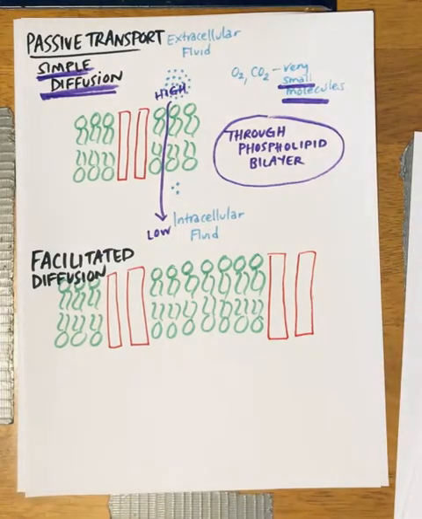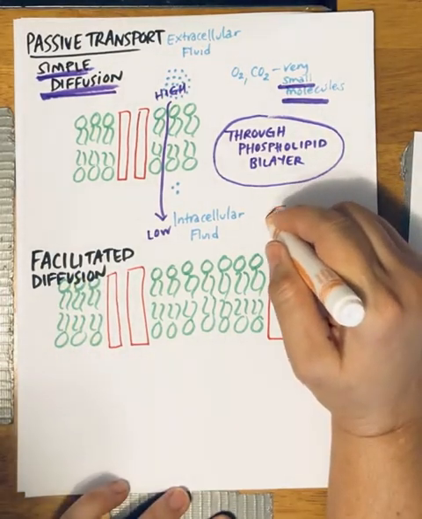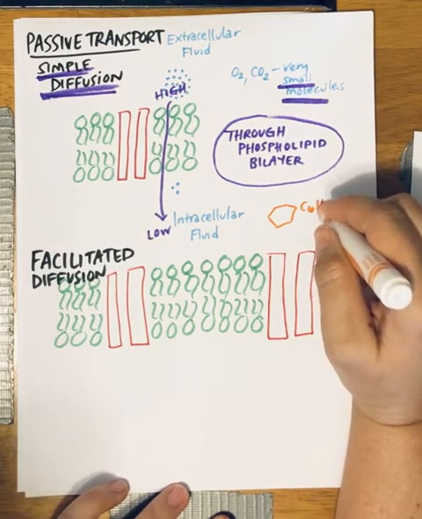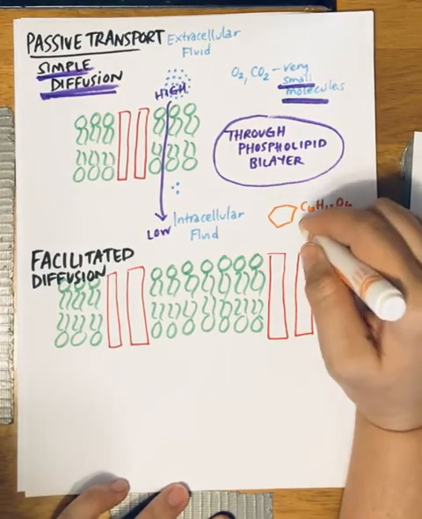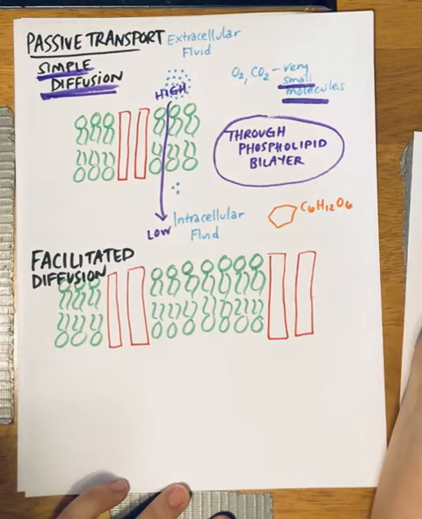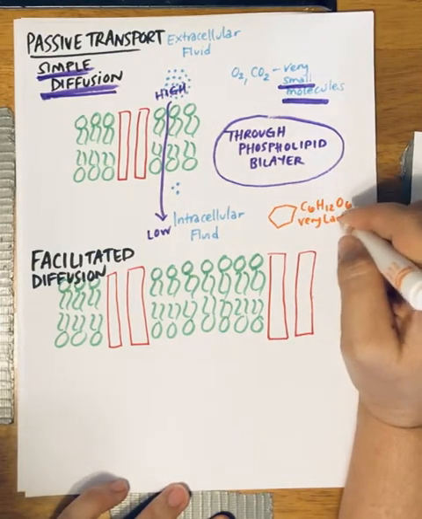More than one entrance. Now, for facilitated diffusion, we're talking about very large molecules, C6H12O6. That's the molecular formula for glucose. So these are very large molecules.